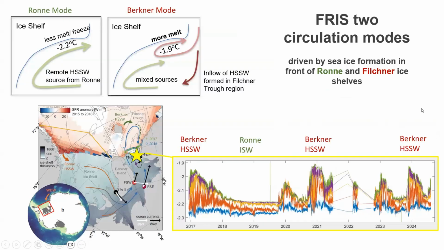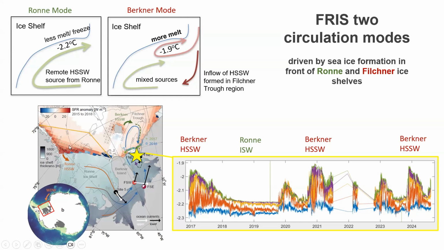Yeah, so now it becomes really chaotic because I wanted to bring in some observations about interactions as well. And that's where we have time series from moorings beneath the Filchner-Ronne ice shelf. There we have pointed out that we see two circulation modes.